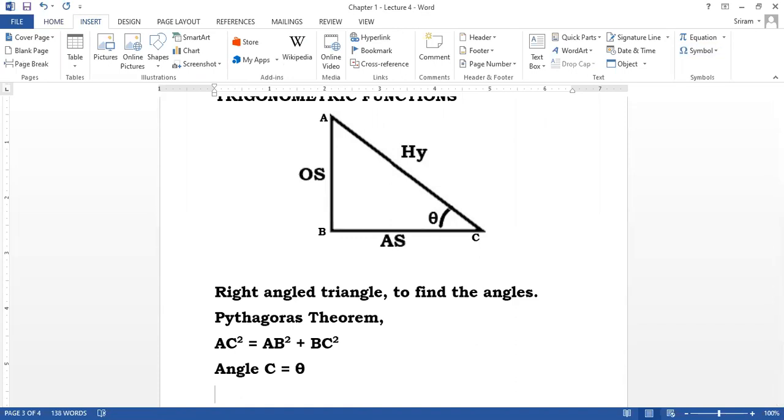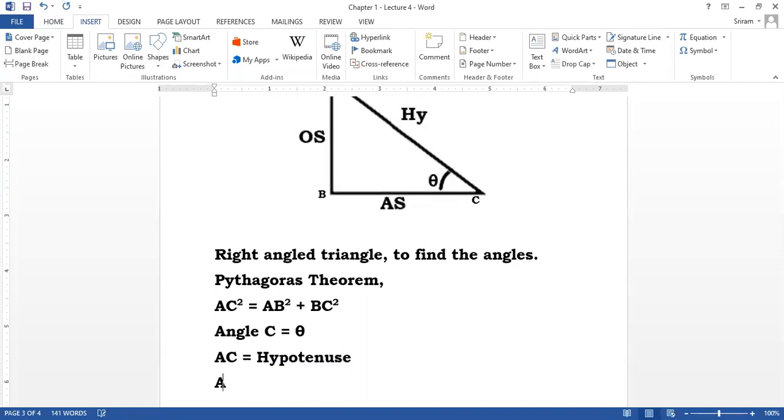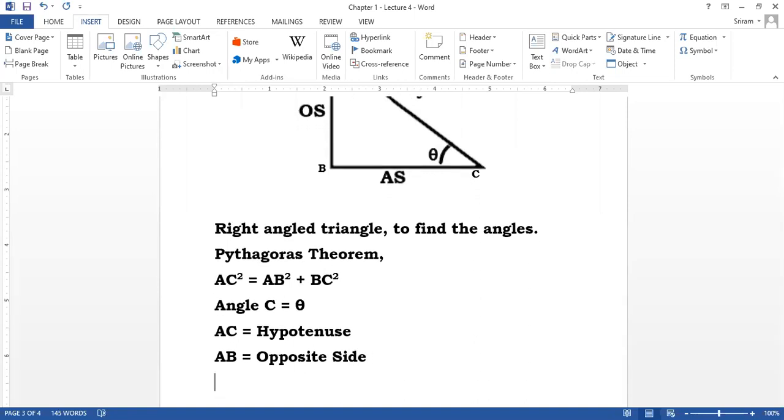That means AC is called the hypotenuse. AB, which is opposite to the angle theta, is called the opposite side. The side which is opposite to the angle is called the opposite side. And BC, which is next to the angle, is called the adjacent side.